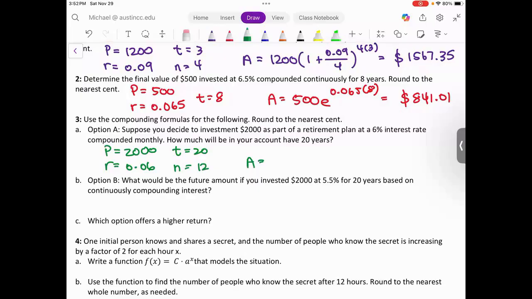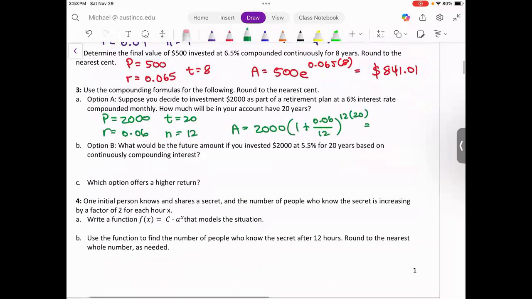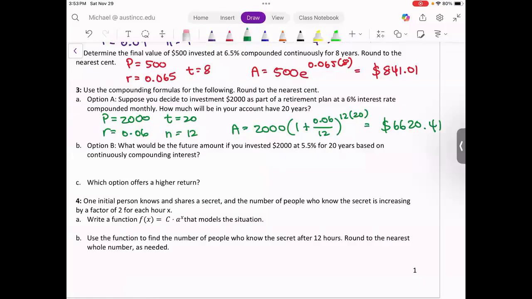Using our periodic interest formula, take our P times 1 plus r over n raised to the nt. So we get a value of 6,620.41.